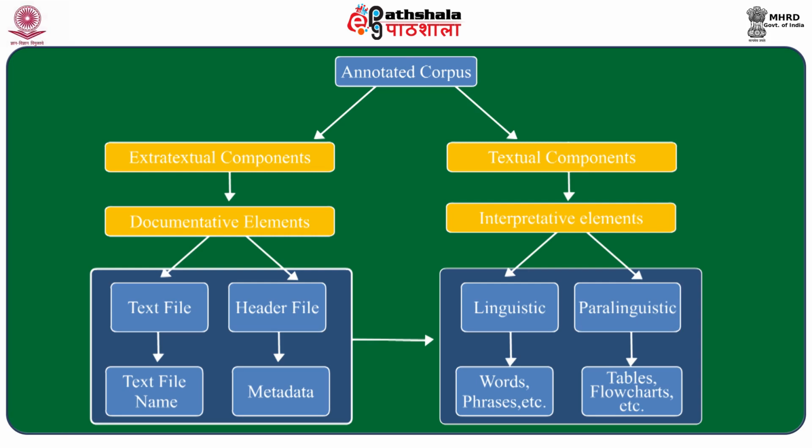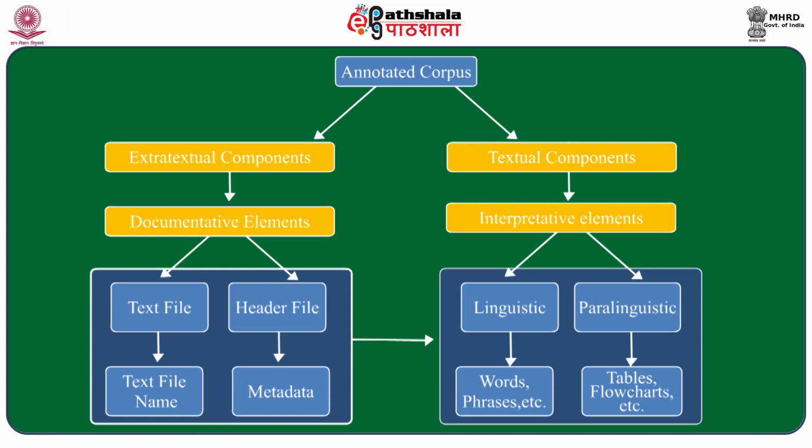So in the text file category, we find the text file name, and in the documentative header file category, we get the metadata. These are not directly linked to the original interpretative or textual components of the corpus. Rather, they are extratextual components which help us to handle and process the data and retrieve textual elements from it.